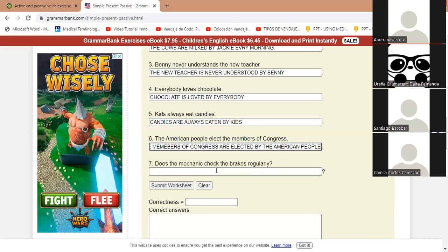Okay. Read it first. Does the mechanic check the brakes regularly? Good. Sería. Primero tienes que poner el are, is, or am. ¿Cuál vas a poner? Okay. Are.